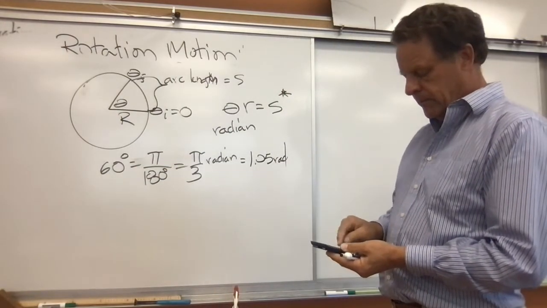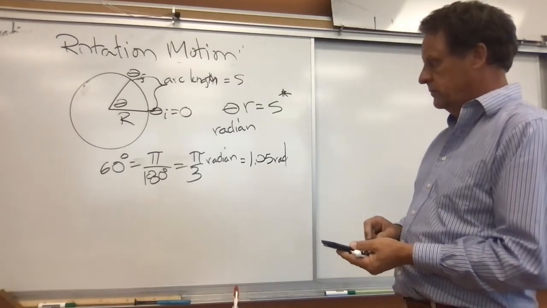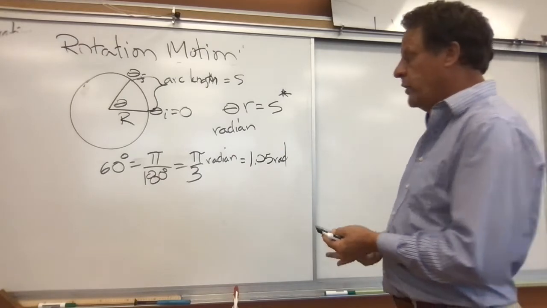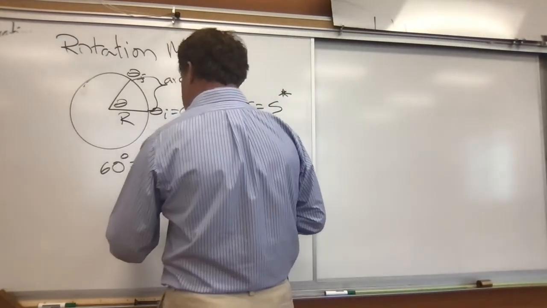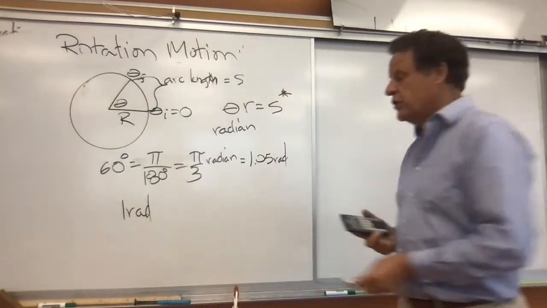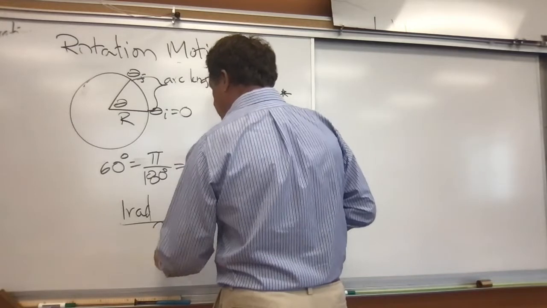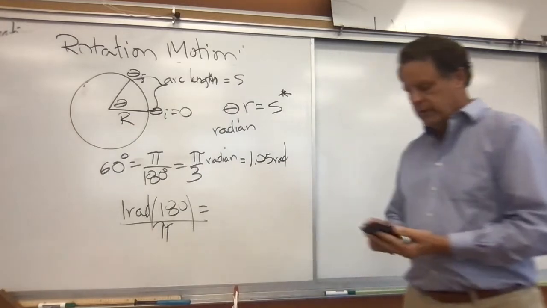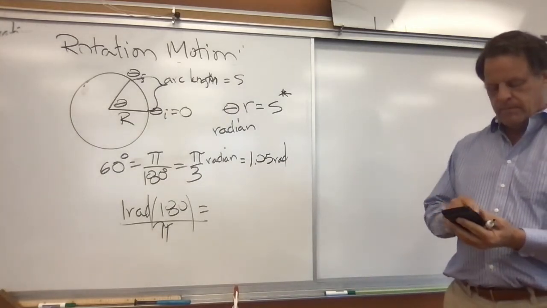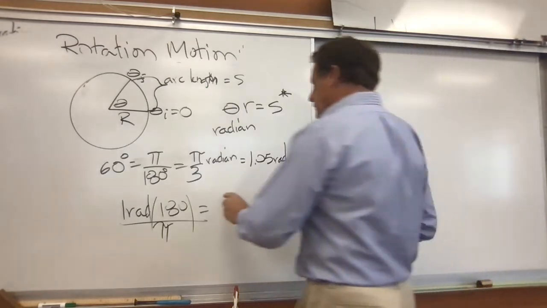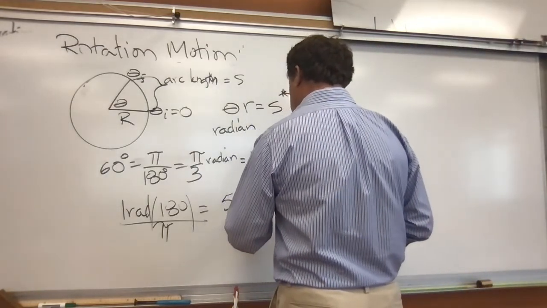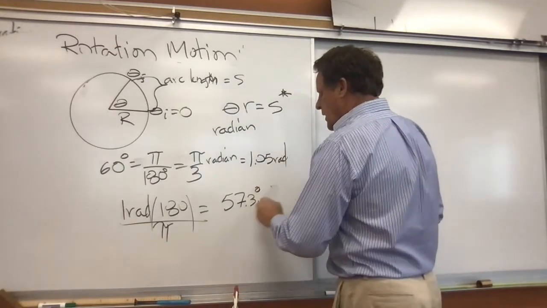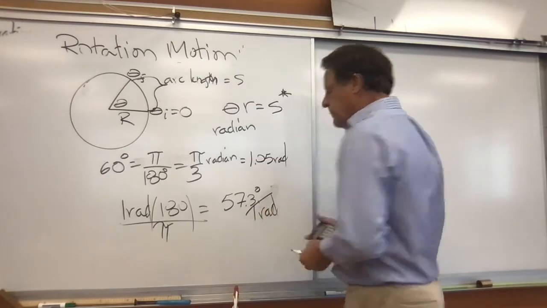If we wanted to go from 1 radian into degrees, we do the opposite. We divide by pi and multiply by 180, and this gives us 57.3 degrees in 1 radian.